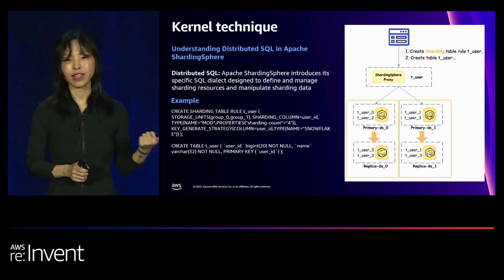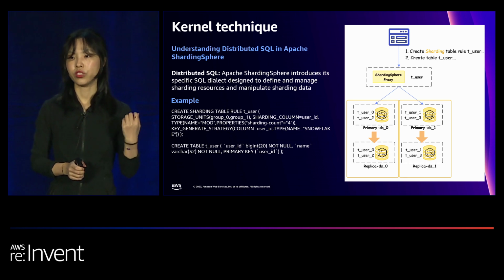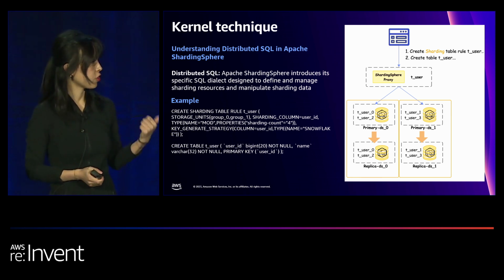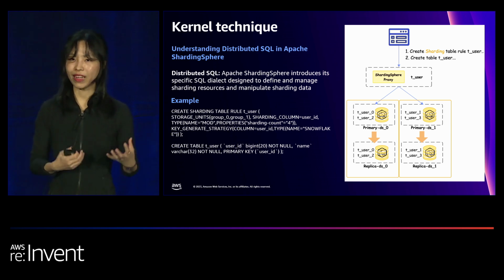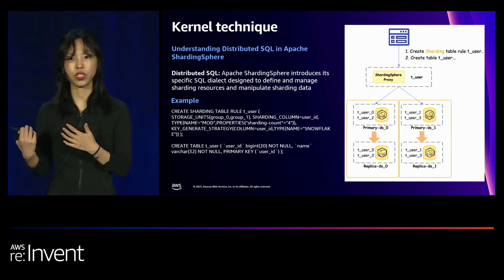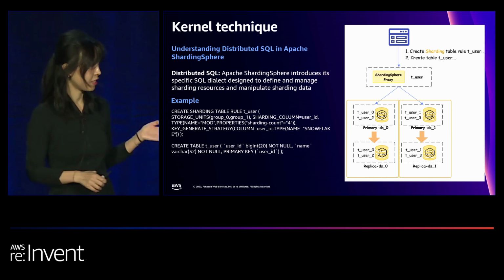And the right one is the same as the left one. So now we have 2 shard clusters. Each of them has a primary one and a replica one. And ShardingSphere will connect to all of them, and it will automatically create all of the subtables or partitions of this T-table user in different shards. So that is a capability.